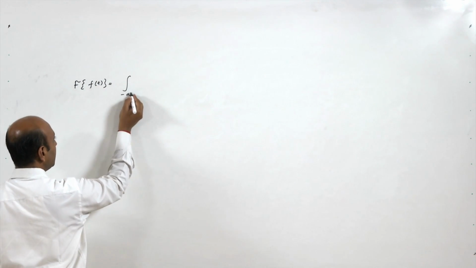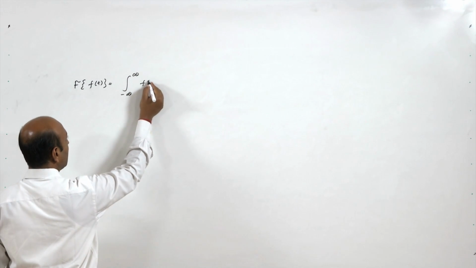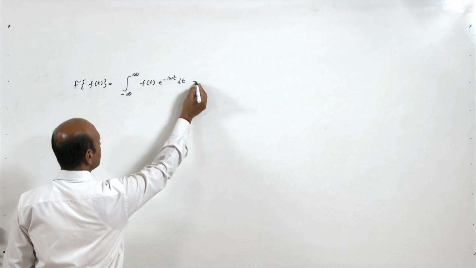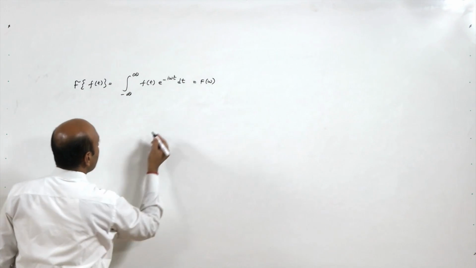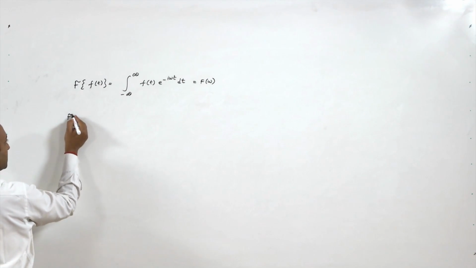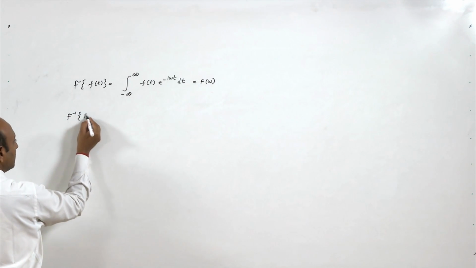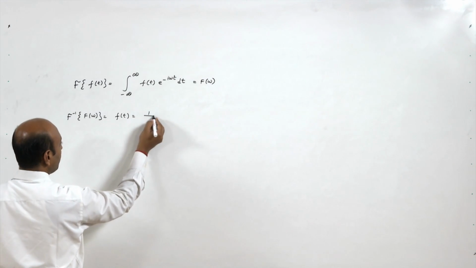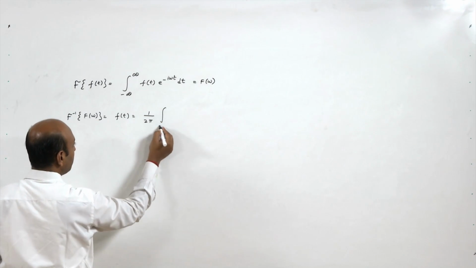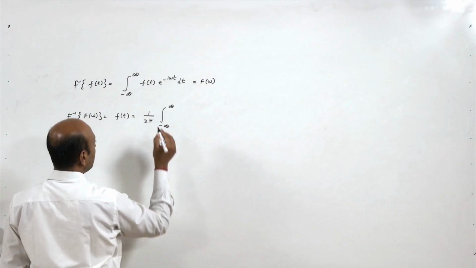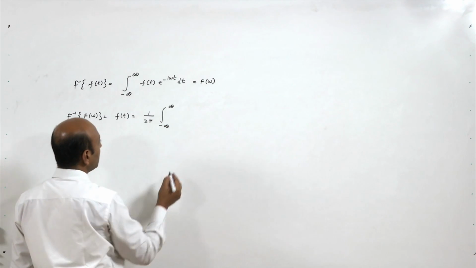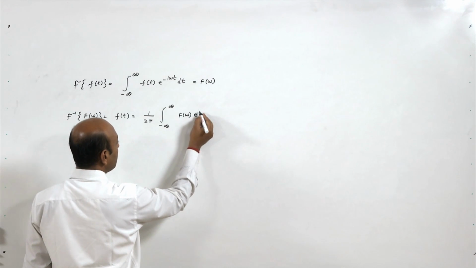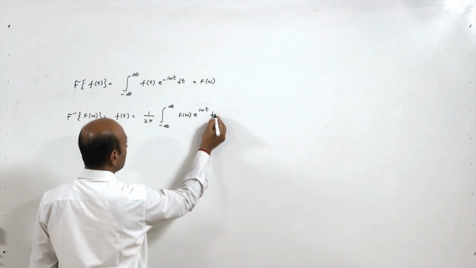the integral from minus infinity to plus infinity of f(t) e to the power minus i omega t dt, which is F(omega), and its inverse, the inverse of F(omega), is f(t), which is given by 1 upon 2 pi integral from minus infinity to plus infinity of F(omega) e to the power i omega t d omega.